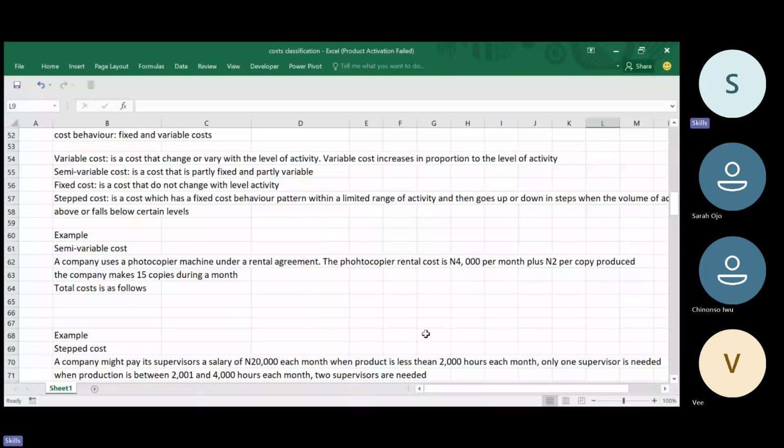So out of this, 4,000 is fixed. The company will pay 4,000, then in excess of that, 2 naira per copy will be charged.